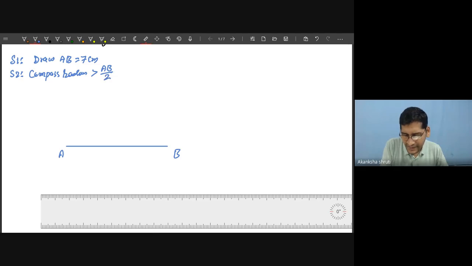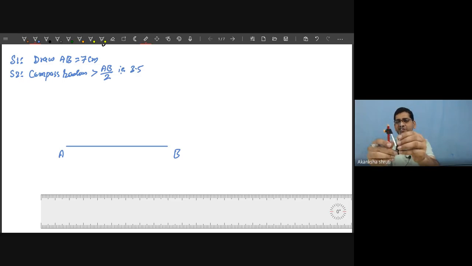You are free to take it. AB is 7, so 7 by 2 is 3.5, so you shall take greater than 3.5. Take 4, or even 5 or 6 or even 7 is also okay, but not more than 7, and not lesser than 3.5.